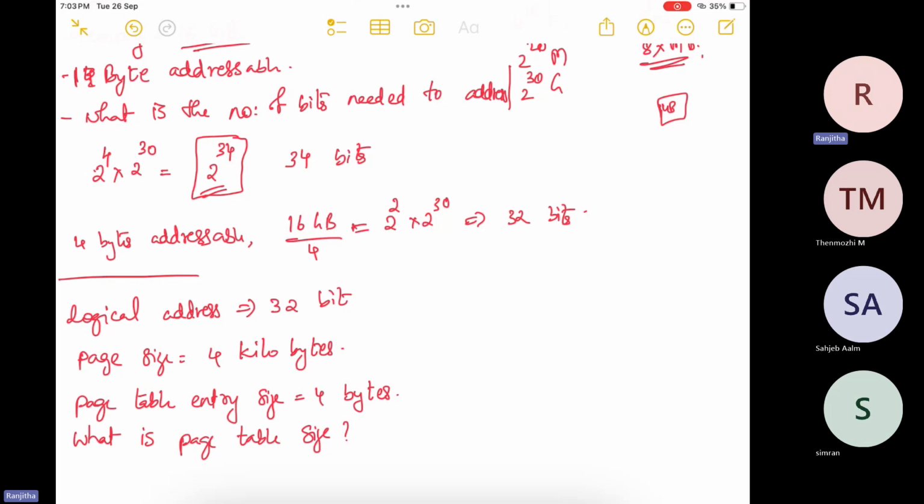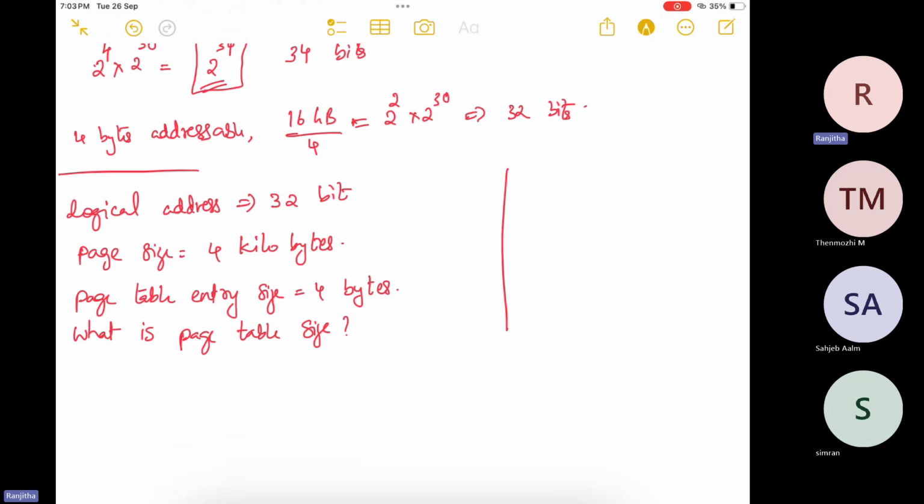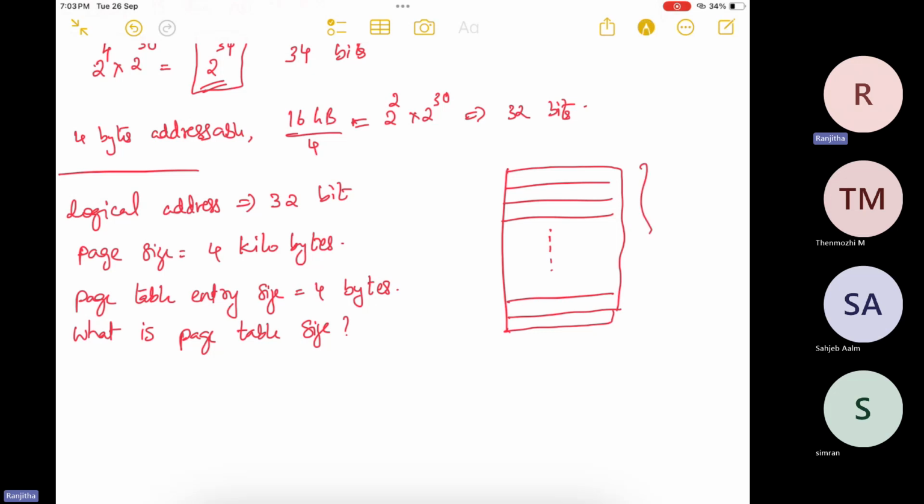Okay. So assume this is the page table we have. We don't know how many entries are there. But we know what is the size of each of these entries.